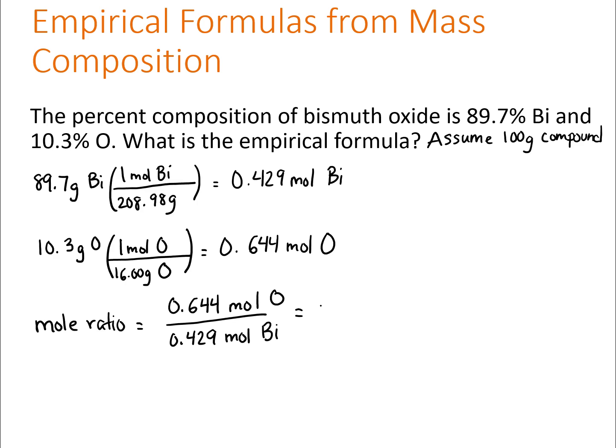Your calculator is going to tell you 1.5, which isn't exactly helpful. You need to translate that into 1.5 moles of oxygen for every 1 mole of bismuth. And to write that as a whole number ratio, you can multiply by 2.